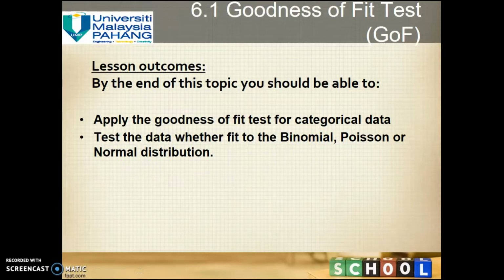We are not going into detail on the binomial, Poisson and normal distributions. What we want to determine is whether the data that we have fit the binomial, Poisson or normal distribution or not, by using the goodness of fit test.